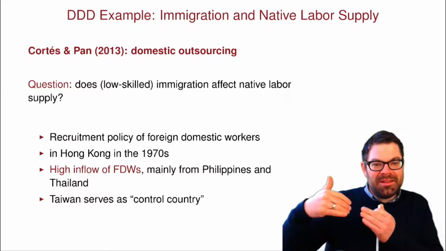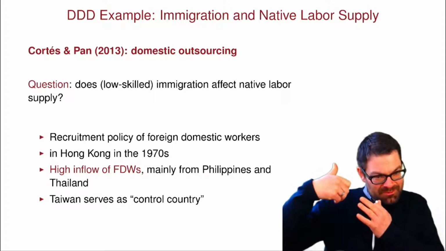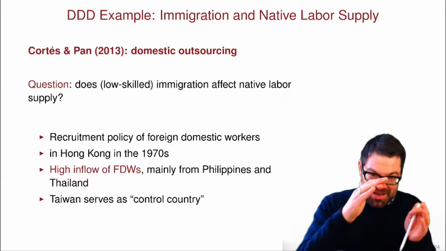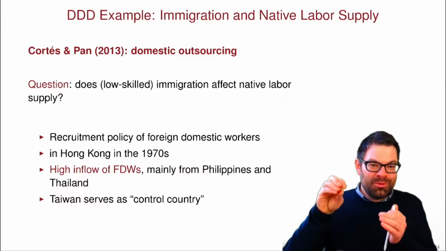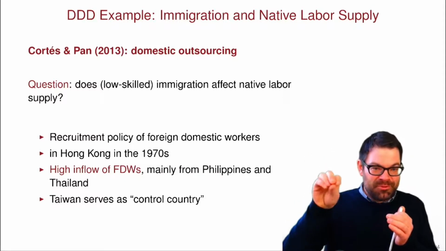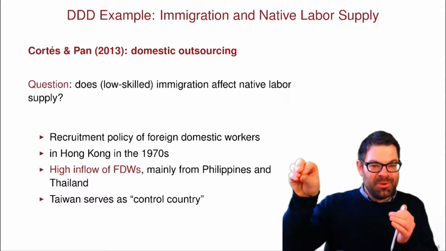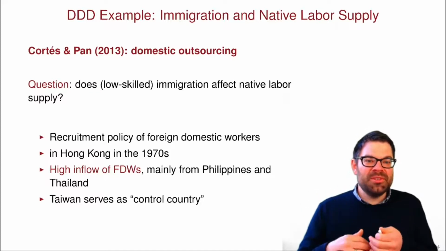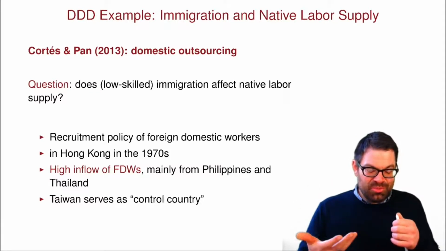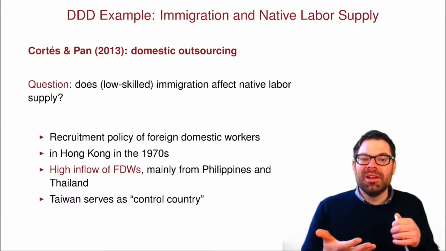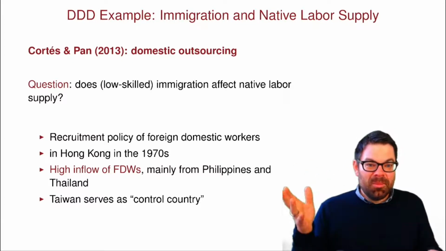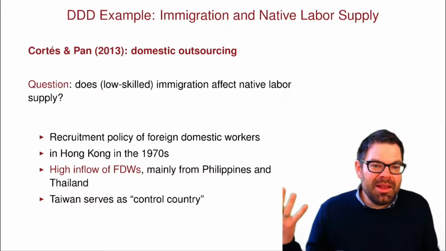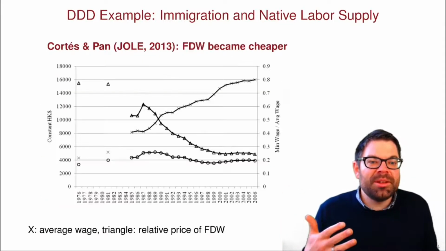And so they compare the female labor supply trends in Hong Kong and Taiwan over time of women who have school-age children versus women who don't have school-age children. And so that makes the two places a lot more comparable relative to just a double difference model. It's not perfect, but it does work, and they do a very good job at justifying it.